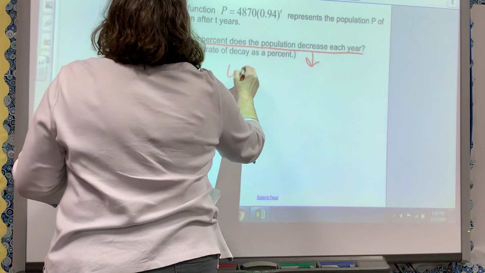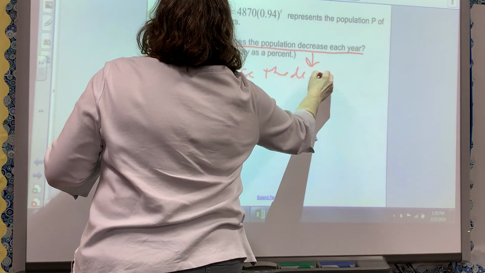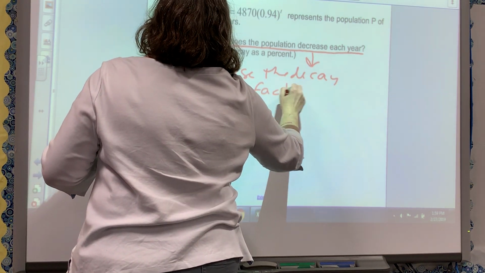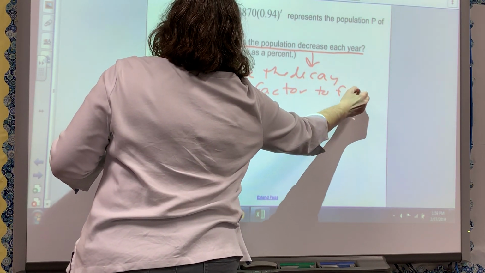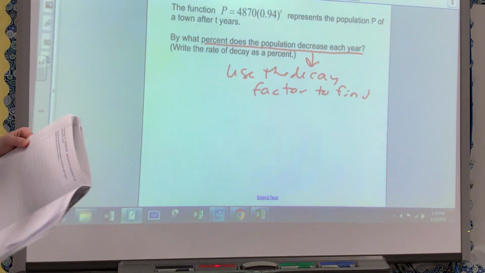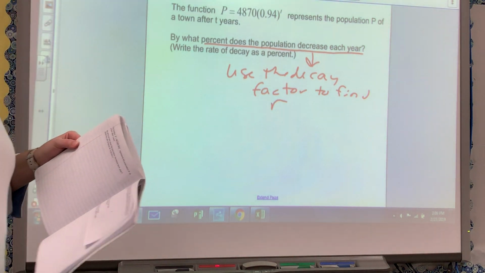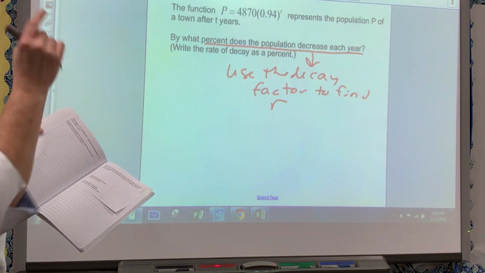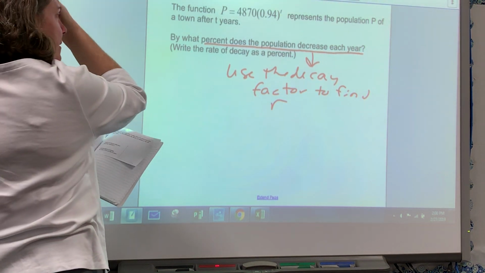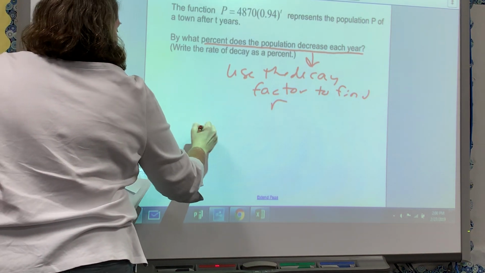You have to use the decay factor to find a certain variable. What variable is that? R. So you're using the decay factor to find R. What is the decay factor in this equation? 0.94. Okay.